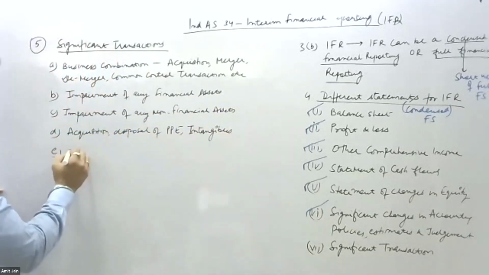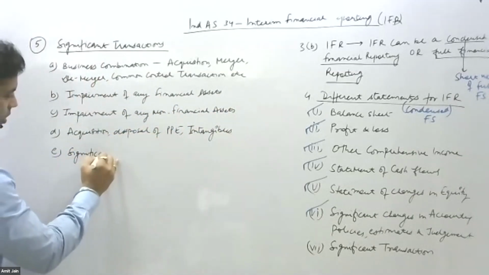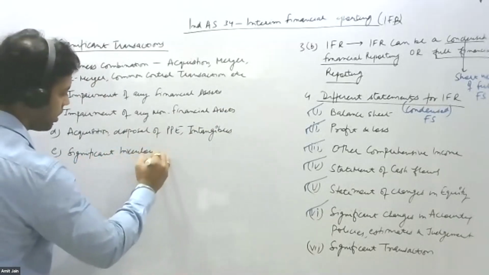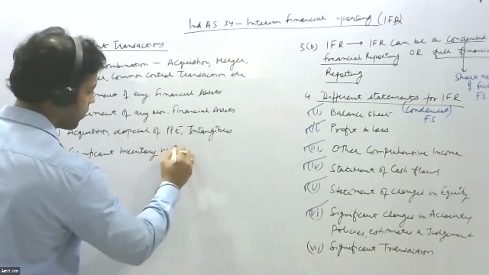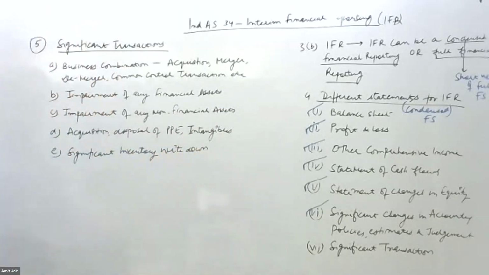What else? Significant inventory write down. Significant inventory write down, that needs to be disclosed separately.